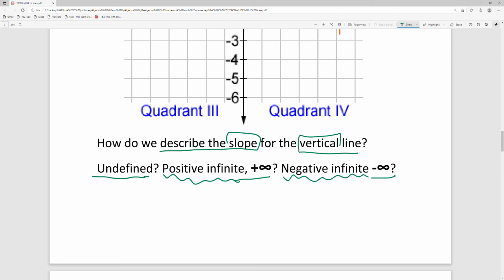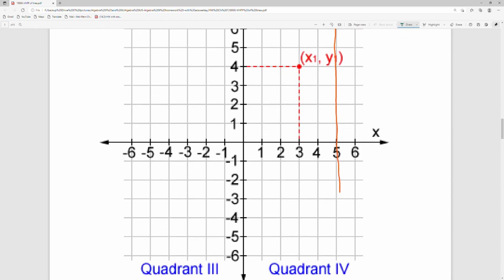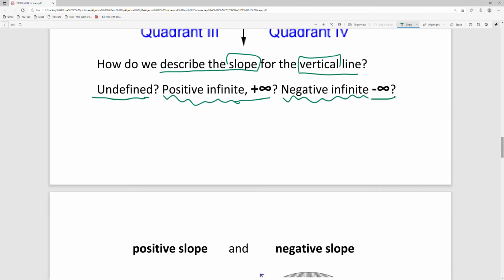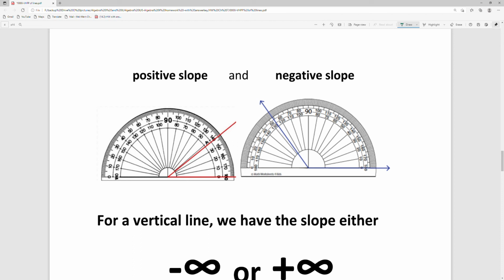If you watch the video for the slope, we talk about if you have a slope in this direction, it is a positive slope. If you have a slope in this direction, we say it's a negative slope. Now for the value of the slope, I mean the absolute value of the slope, without positive or negative.